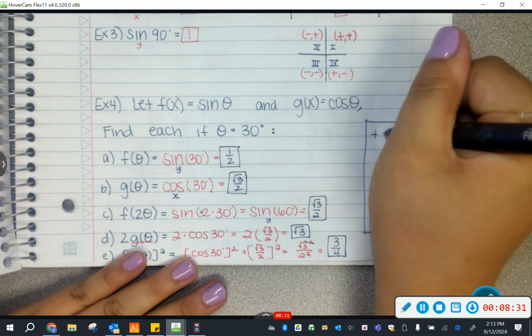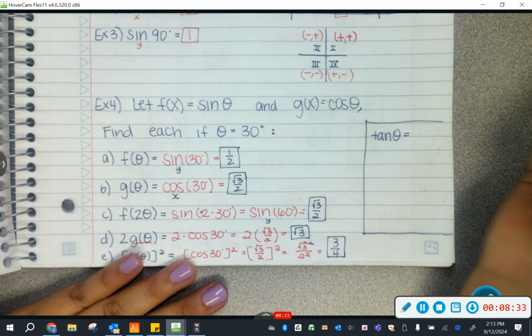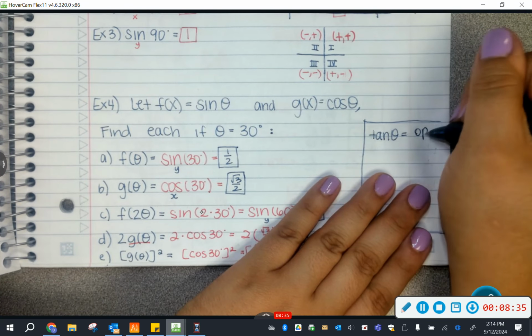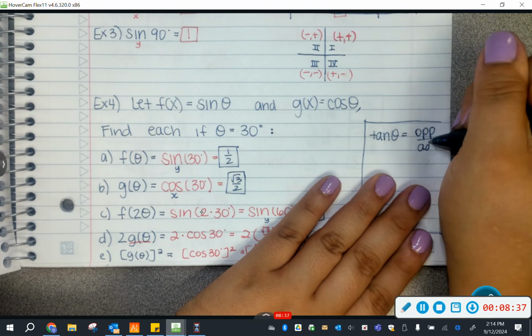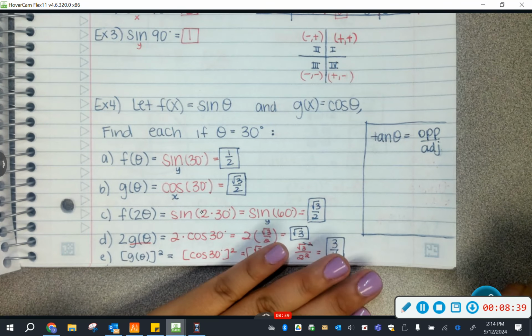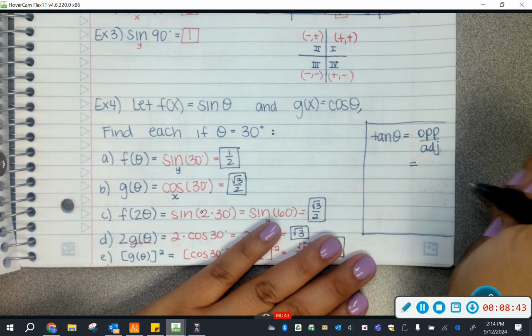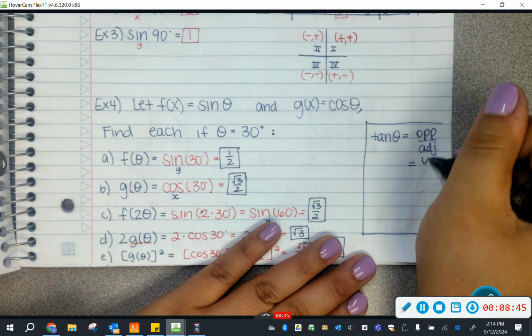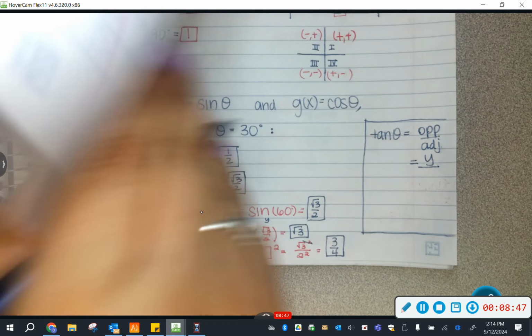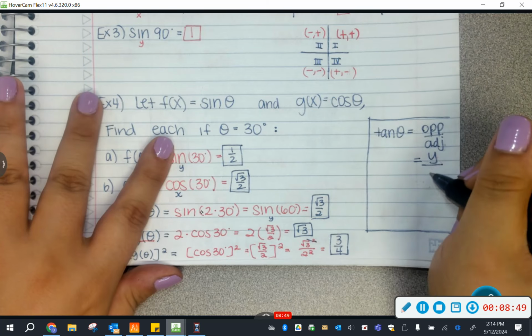So your tangent of theta, do you agree, is opposite over adjacent? What's my opposite always going to be? Y. What's my adjacent always going to be on the unit circle?